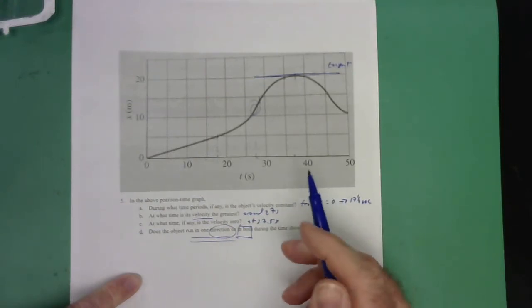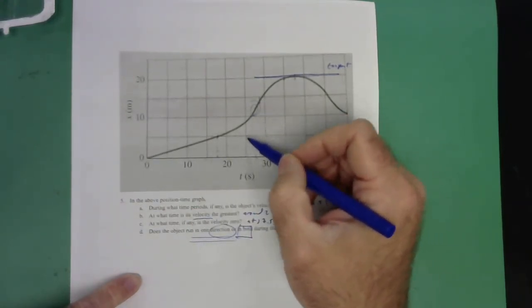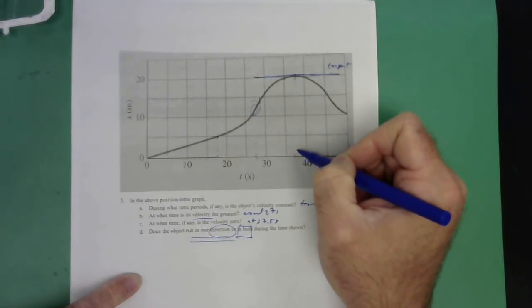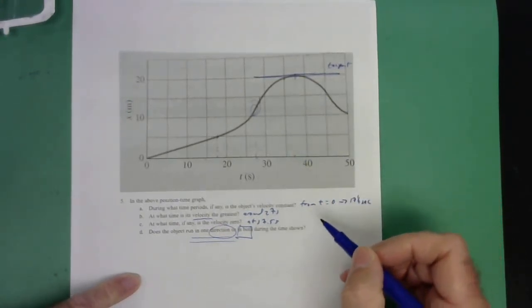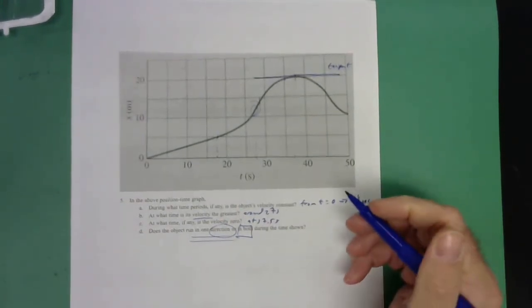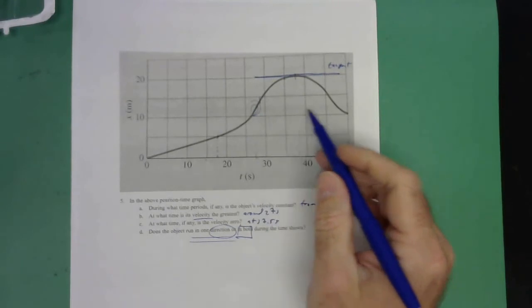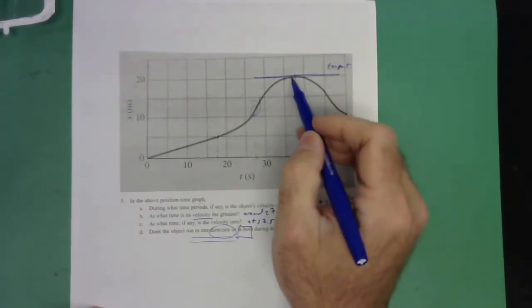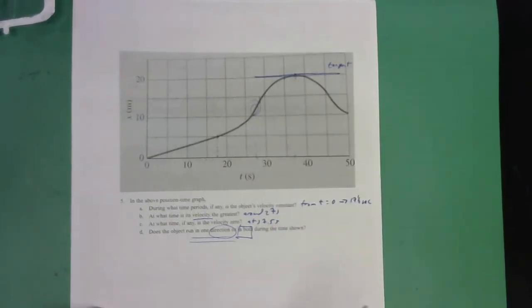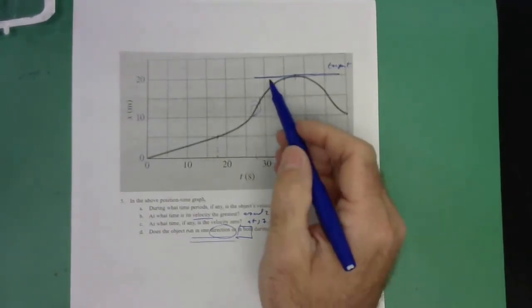Okay, it's going in a positive direction from time 0 to 37 and a half, and then from 37 and a half on to the end, we are going in the negative direction. All right, that's it, because we got positive slopes and negative slopes, so we are changing directions, and it happens right there where we change directions when the slope is 0.